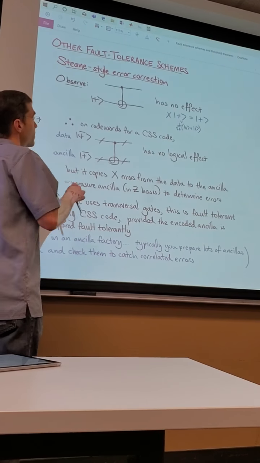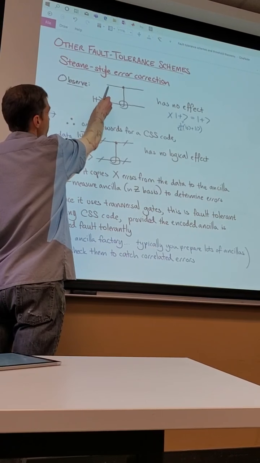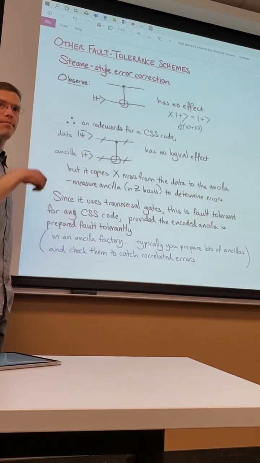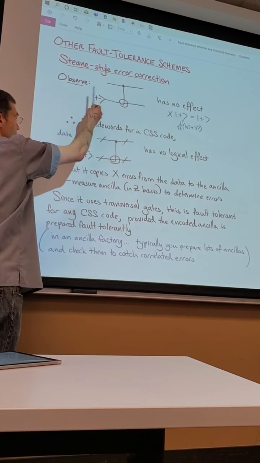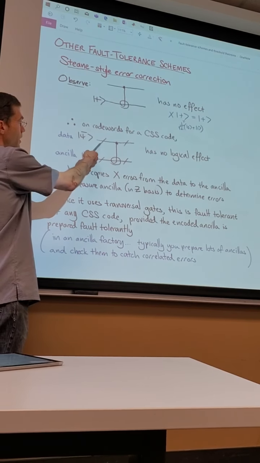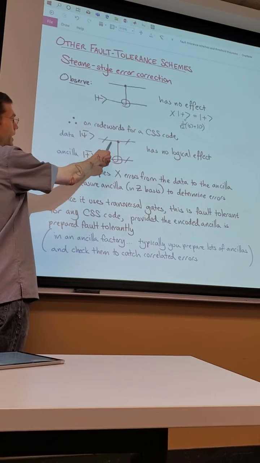So Steane style fault tolerance, what you do is, well, this is just a trivial observation. If you do a CNOT gate into ket plus, it has no effect, of course, because ket plus is a +1 eigenstate of the NOT gate. So you can do the same thing on encoded data. So this is an encoded data state. These are actually n qubits.